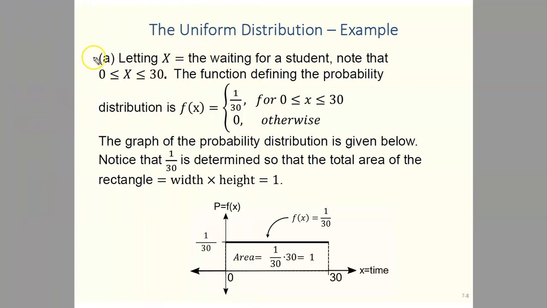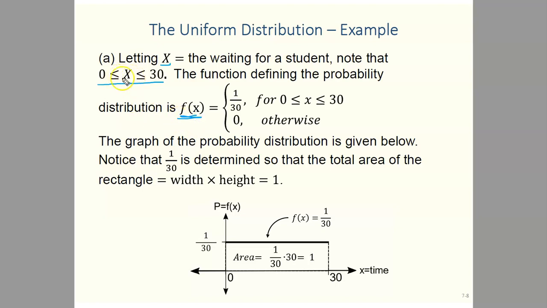Now here's our answer for part A. So we're going to let x, the continuous random variable x, be the waiting time for a student. Now note that x is going to be between 0 and 30 because a bus arrives every 30 minutes. And the function defining the probability distribution is then going to be this.